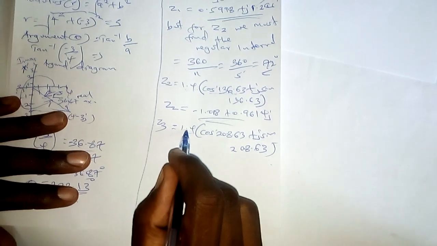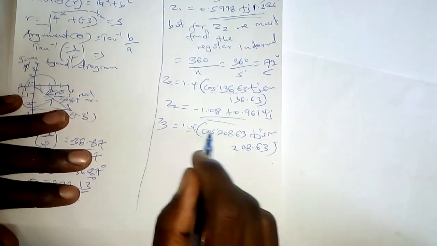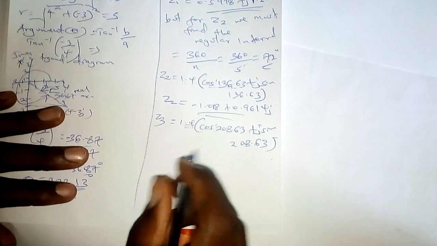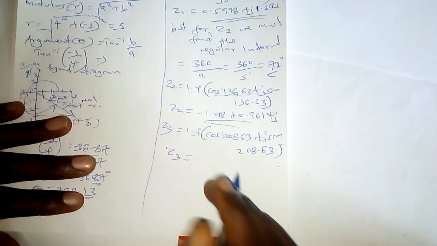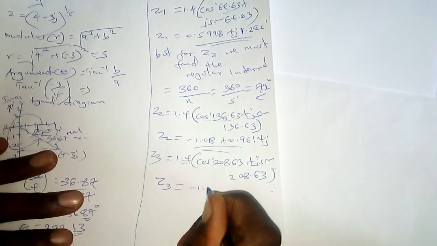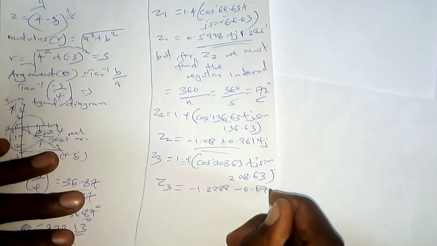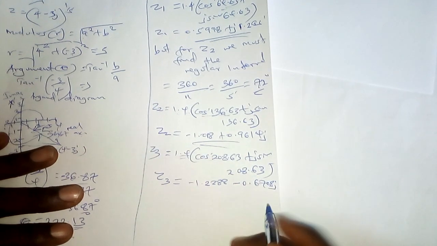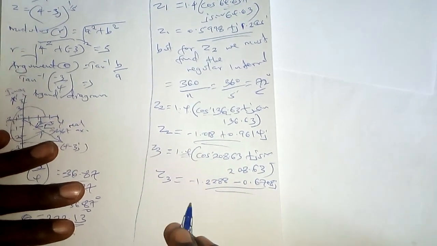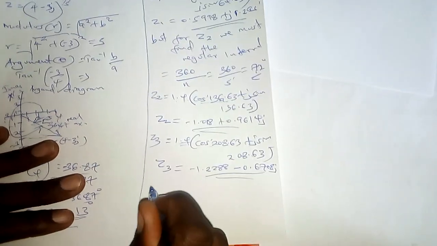When you simplify out, you get z3 as negative 1.2288 minus 0.6708j. What about z4?